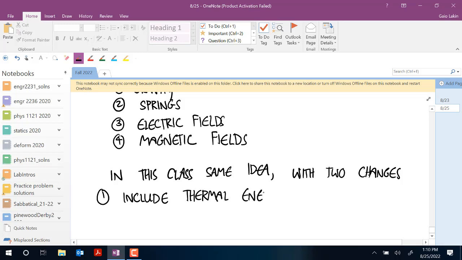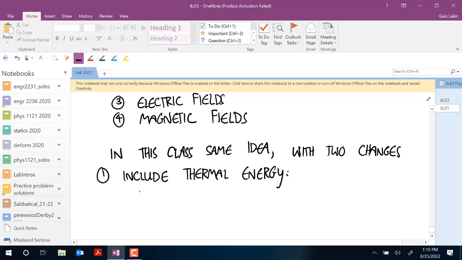And that shows up in two ways. First, we're going to use a change in an object or a system's energy due to a difference in temperatures. That's called heat.